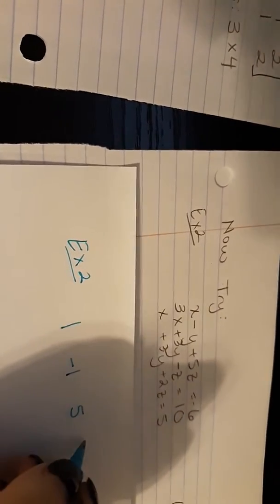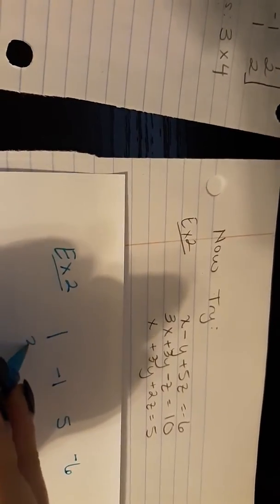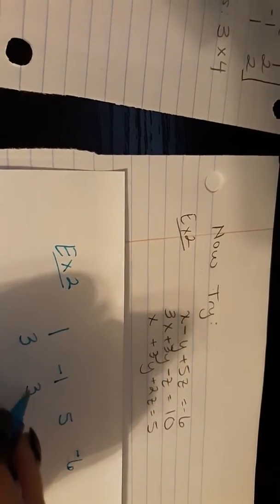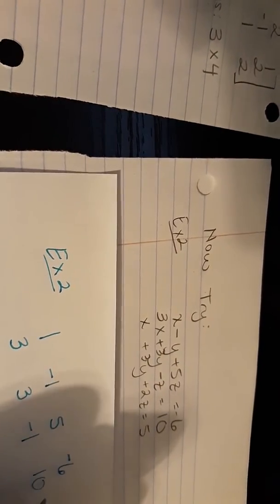So for example 2, it's going to be 1, then -1, +5, and -6. The next row is going to be 3, 3, -1, +10.